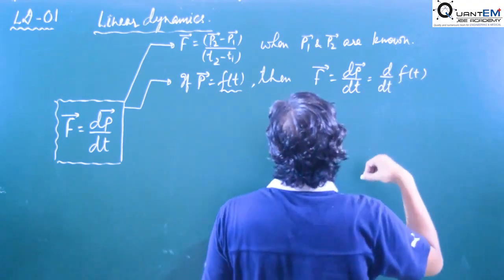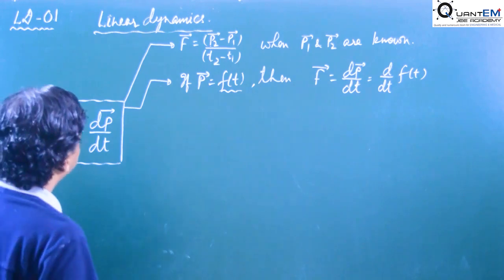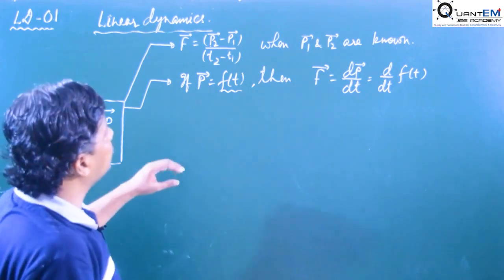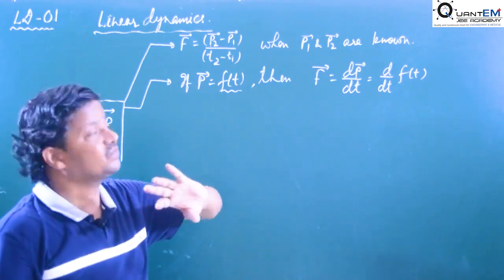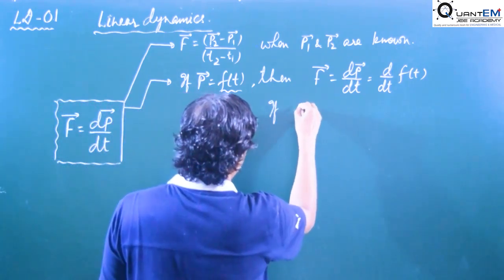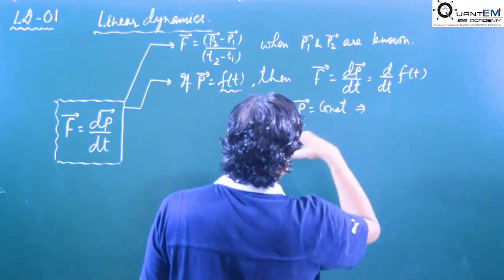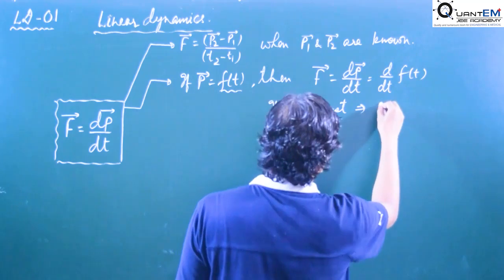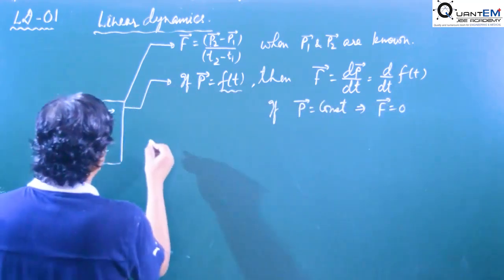The first derivative will give you the value of force. You differentiate the momentum function, and the value of force will come. And if momentum is constant, then the differential value will be 0. In that case force will be 0. So if momentum is constant, the differentiation of a constant is 0. So it implies that force is equal to 0.